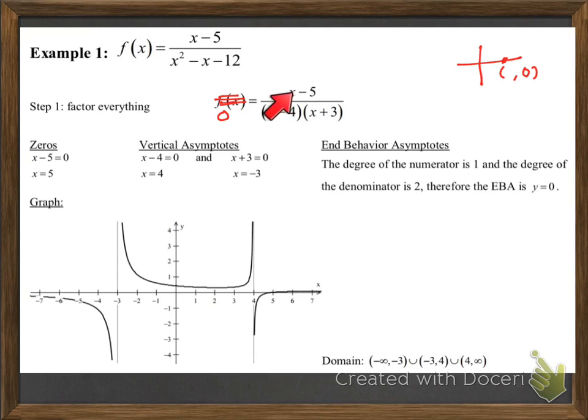All right, so what is the x value that will make this numerator equal to 0? That would be 5. So 5 is your zero. That simply means that is where your graph intersects the x-axis, right here. Okay, so right there is your zero.